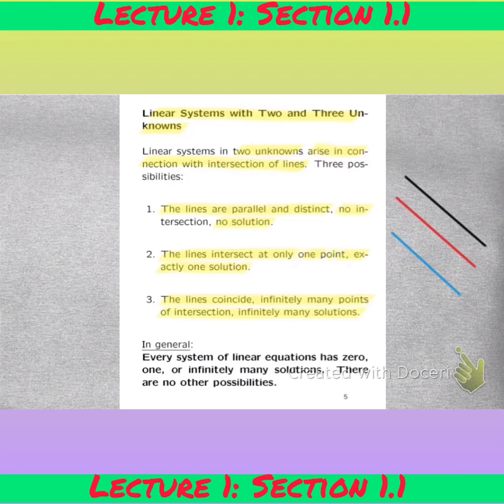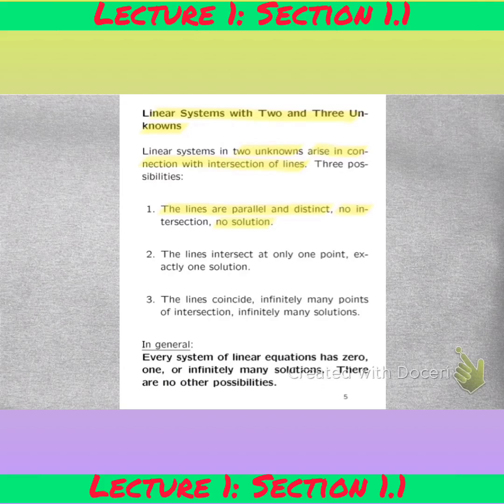Again, you could also have a situation where 2 of the lines coincide like that, and they are parallel to the other black line. In that case, your linear system is also going to be inconsistent, because although you've got points that lie on 2 of the lines, the points don't lie on all 3 lines, which is necessary for a point to be a solution to that particular linear system.